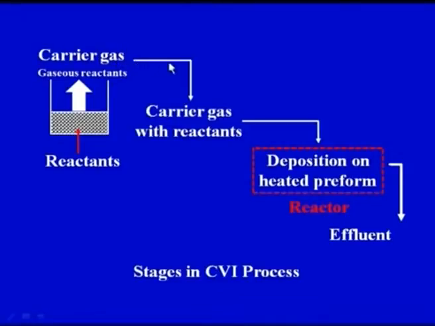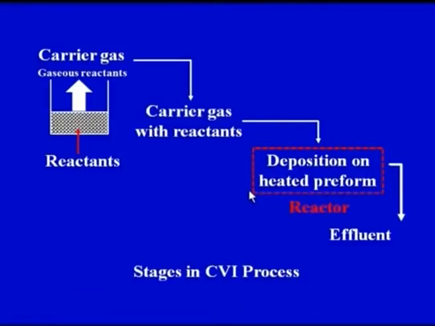So this particular path is for the carrier gas along with the gaseous reactants, which are the products of these reactants which may be solid or liquid in nature. This carrier gas with the gaseous reactants is passed through the heated preform. This red dotted portion shows the chamber where the preform has already been kept.